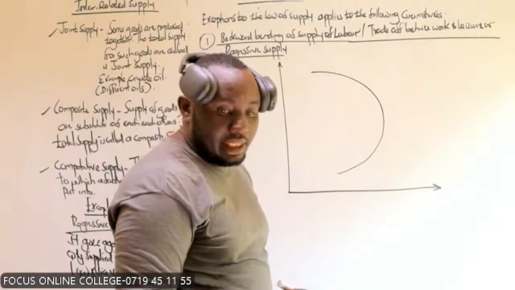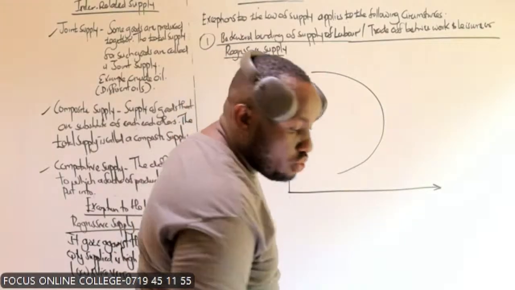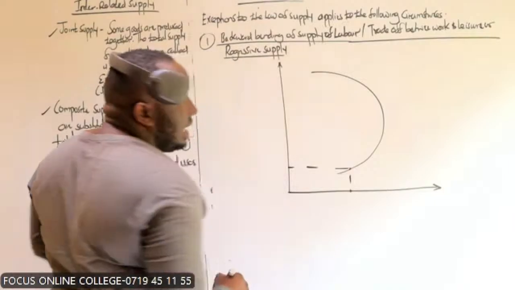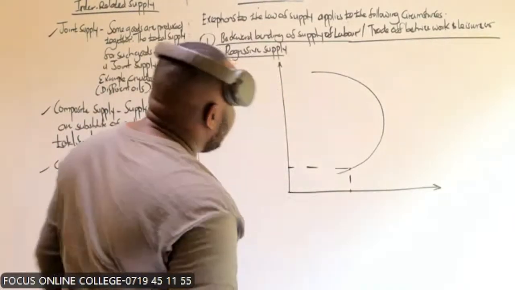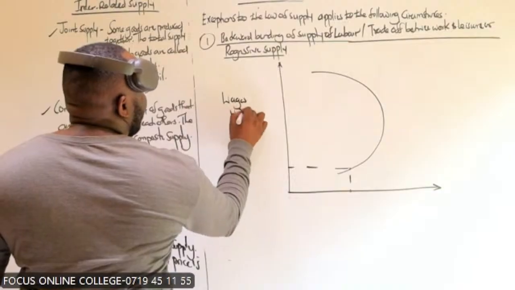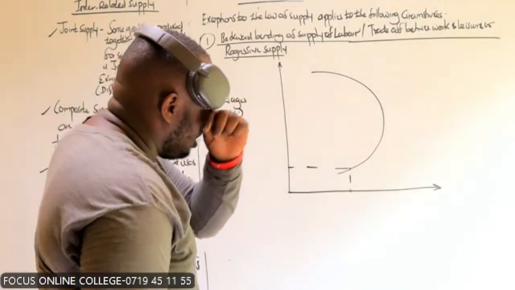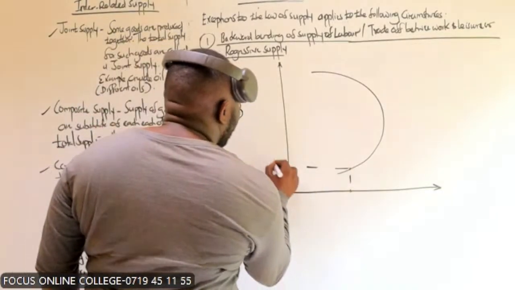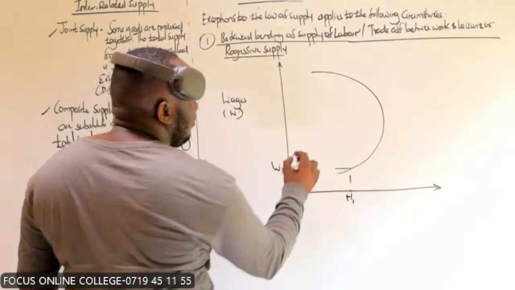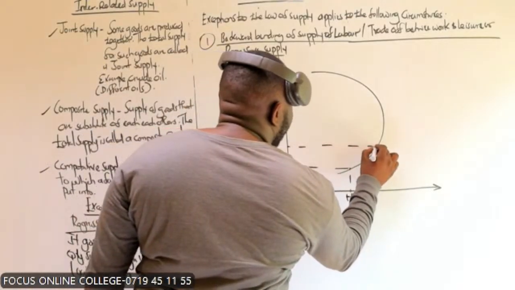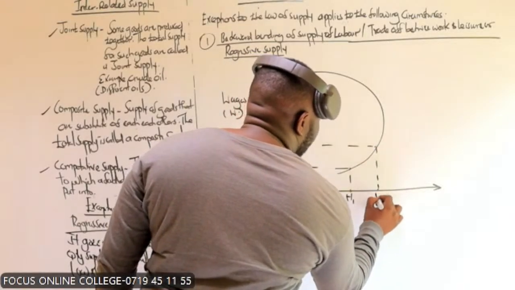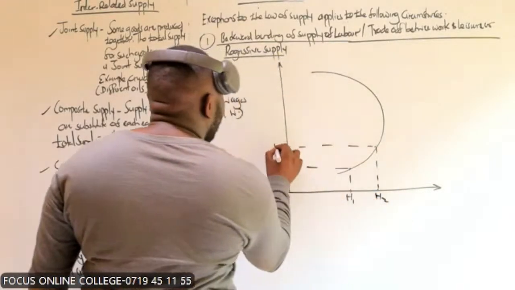If you look at this, these are wages, and wages are denoted by W. So this is wage 1. You give H1 hours for work. I proceed again to this level, I call it H2. So now the wage is this.